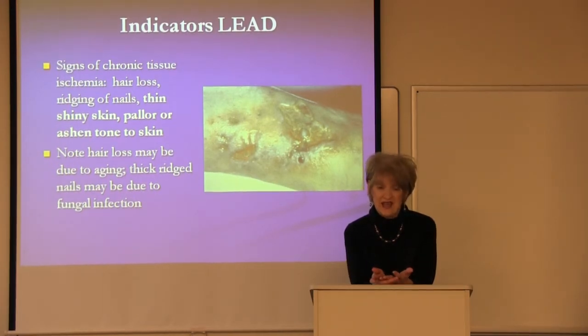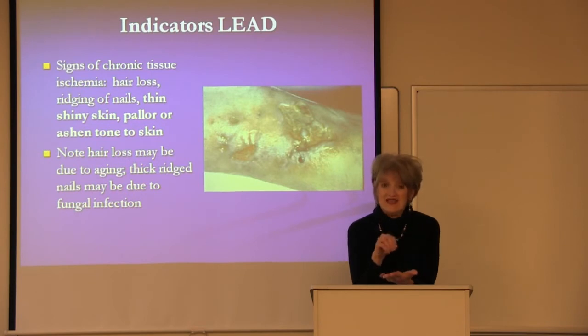So if you see evidence of a fungal nail infection, what you know is that you cannot use the nails as an indicator of perfusion, because any thinning of the nail is going to be masked by the thickening that occurs in response to the fungal infection.